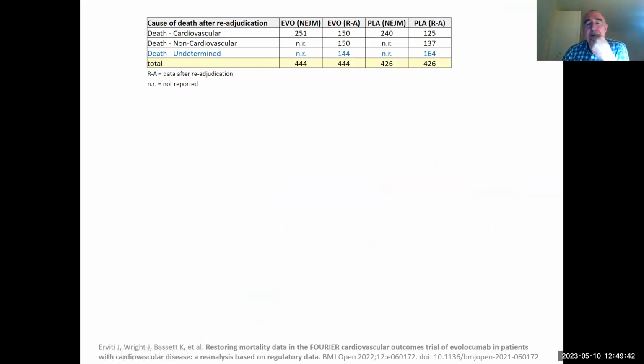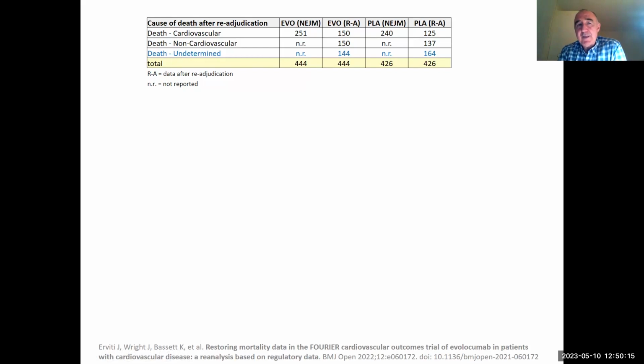One of the important things we learned is that there were many cases of undetermined death. You know something, whenever I read the reports of clinical trials published in medical journals, I would have the numbers of total mortality and cardiovascular mortality, and I would take for granted that the rest would be non-cardiovascular mortality.